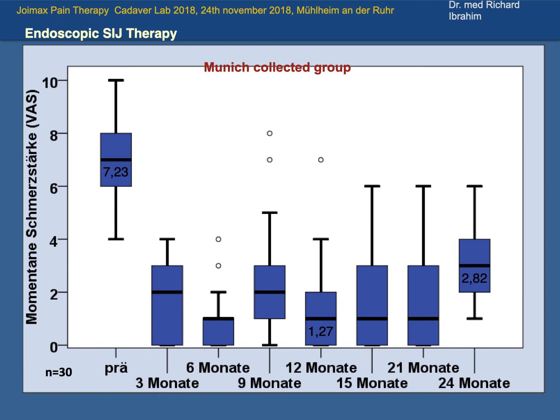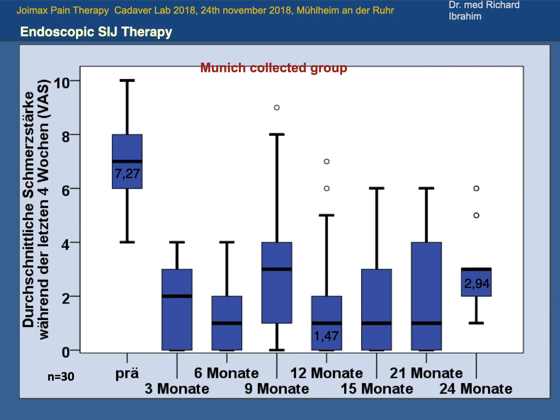We have a significant change until 6 months, and still a significant result after 1 year with 1.27. So it is a very high reduction of the pain, and still after 2 years we have 2.882 pain. So it is much more pain relief. This is the average pain to look at the development after 2 years. So it is a significant change in the pain area after 24 months.